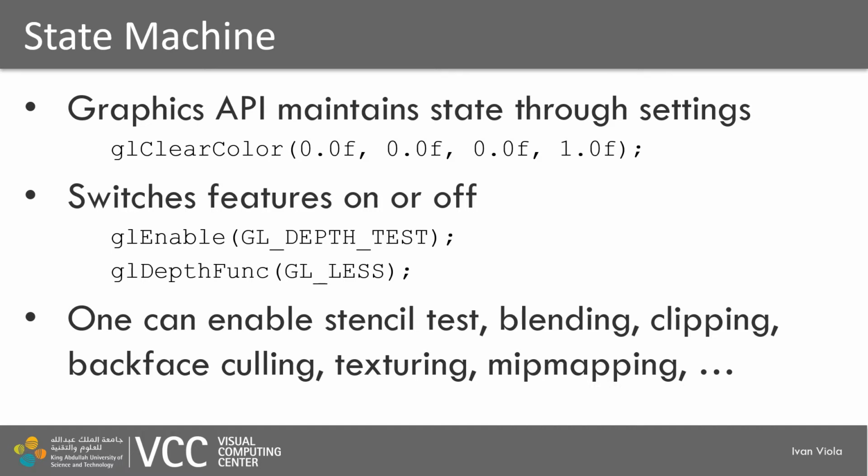Therefore, it is very important that we keep our code clean. Once we set certain values, we are aware of these values being set. And if we do not need them, then it's good to turn them off, because otherwise we might end up in an unknown state from the programmer's or the code's perspective.